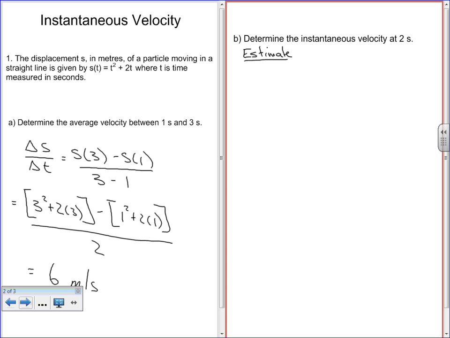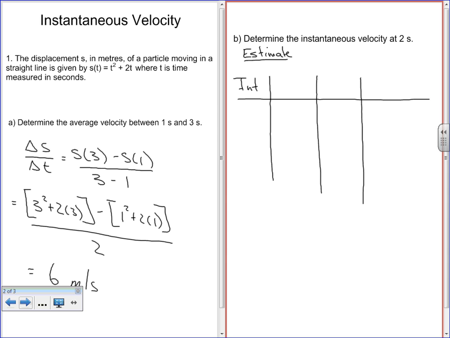The velocity is a rate of change. In order to figure out a rate of change, I need to figure out the change in the dependent variable, which was the displacement, over the change in the independent variable. To figure out a change, I'm going to need 2 values. The problem with this is I only have 1 value. So I'm going to estimate the instantaneous rate of change by doing a bunch of different average rates of change.